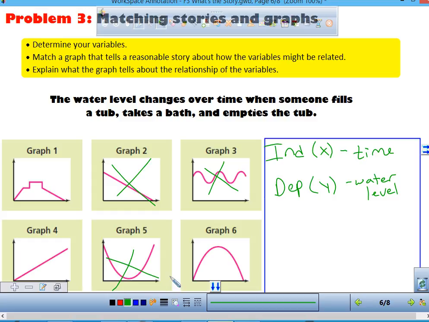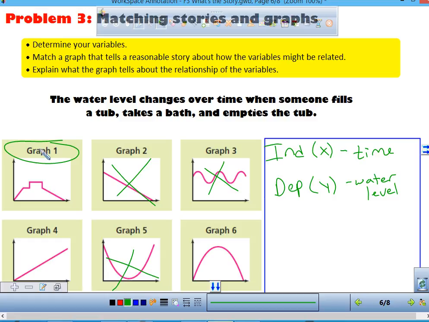Then they get in, so the water level rises. There's more volume. They take their bath. They get out. And then what happens here? It drains at a constant rate because it's a straight line. Okay, very good. So graph 1 is going to be your best one there.